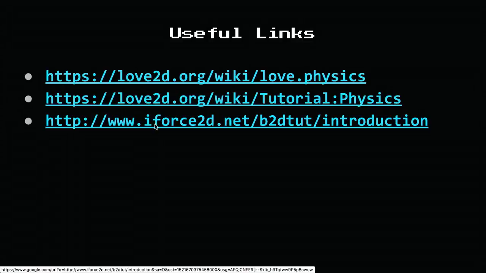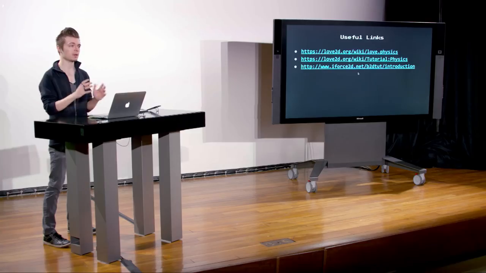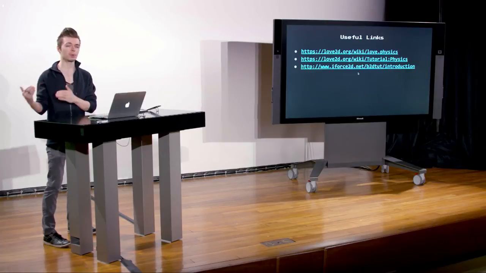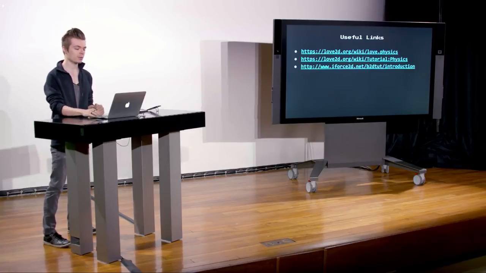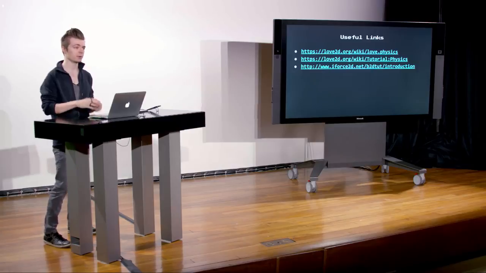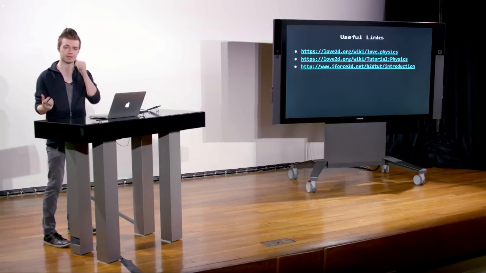The third is a great resource that I used to learn most of what I know about Box2D, especially in the context of this lecture. It talks about a lot of different concepts, all the things that we'll be talking about, and then it goes into a lot more detail about how you can construct a lot of really cool, crazy things like tanks and pulleys and a whole bunch of different things that are worth looking into if you're looking into potentially making a physics-based game.